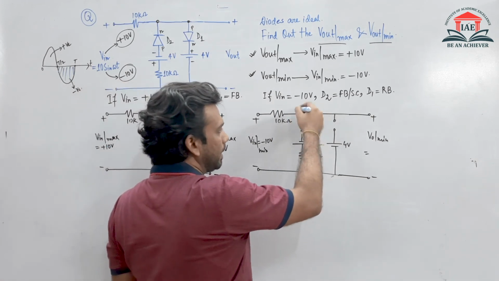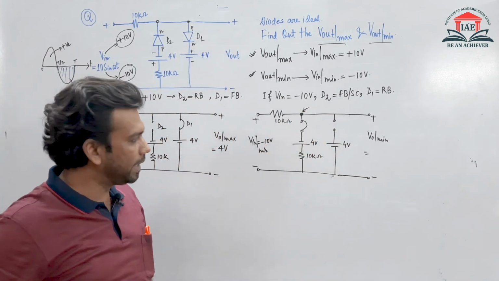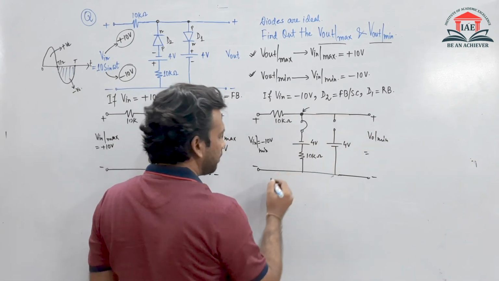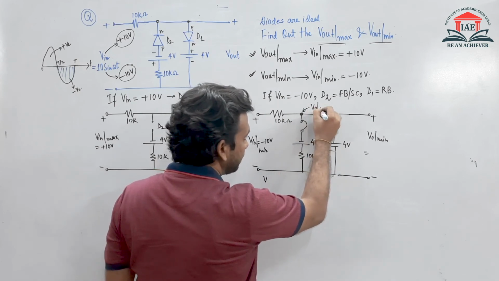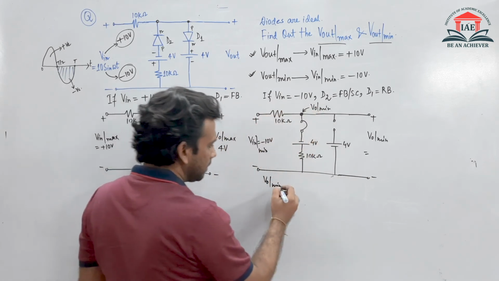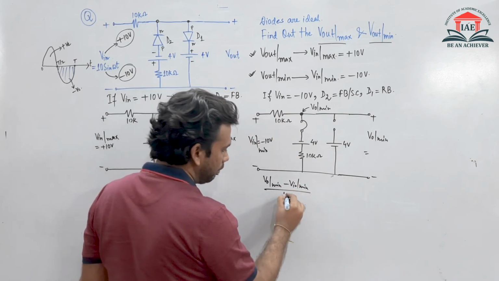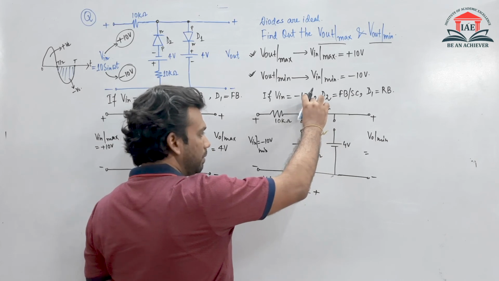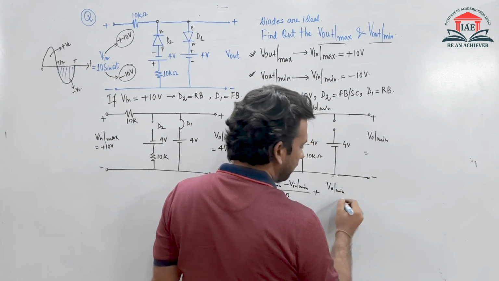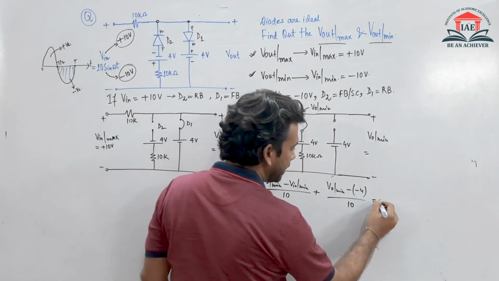So if you apply the nodal analysis here at this point, कुछ देर पहले हम लोग यहाँ पे नोडल एनालिसिस अप्लाई किए थे, मेरा यहाँ पे वोल्टेज V0 मिनिमम था, तो V0 मिनिमम minus the input voltage minimum divided by this 10 kilo plus V0 minimum minus of -4 divided by 10 kilo ohm, that is equal to 0.